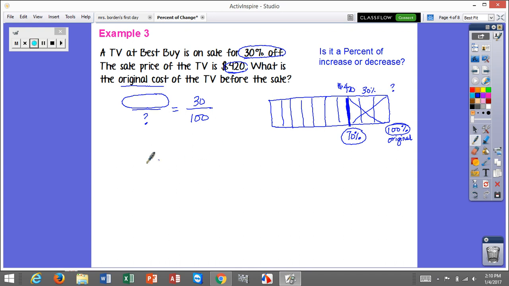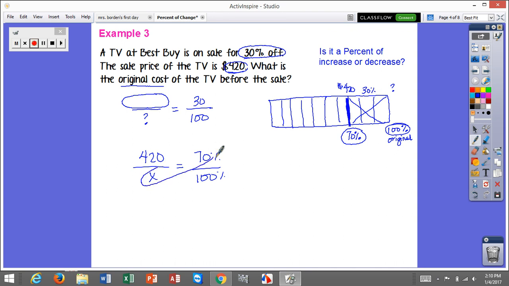So our proportion should be 420 over X, the original price, equals 70% out of 100%. Does that make sense? Okay. If you have questions, go ahead and write them on the side of your paper, and we can ask them tomorrow in class when we go over this.